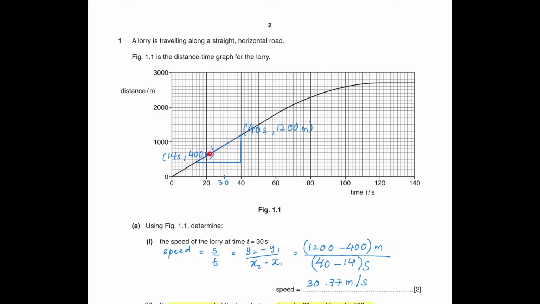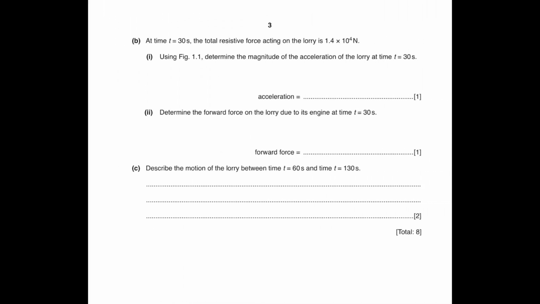So a constant gradient means constant speed. Right, so at constant speed it shows that the acceleration is 0, because when speed is constant, acceleration is 0. So here we can write as 0 meter per second squared. Why? Because at t equals to 30 seconds, the speed is constant.